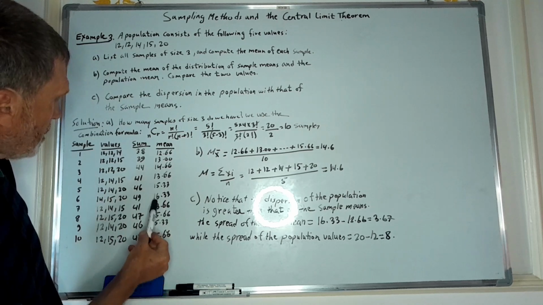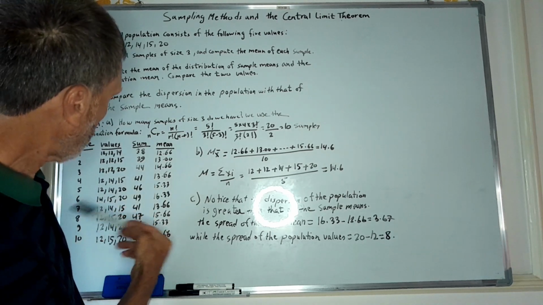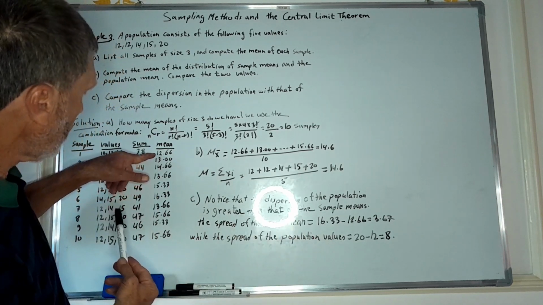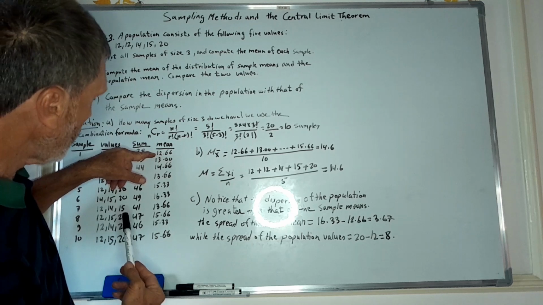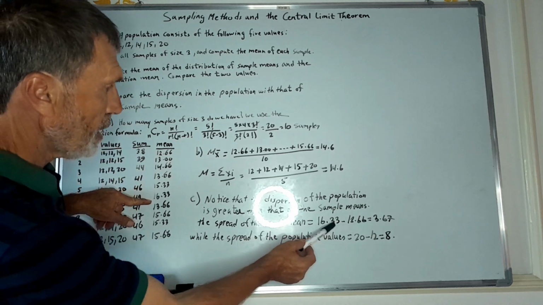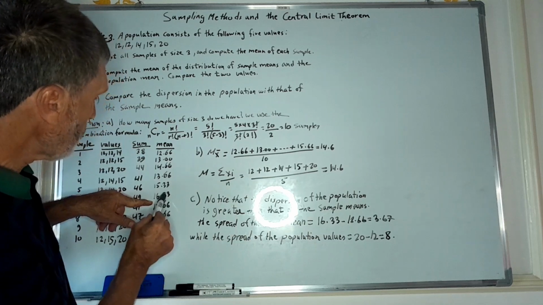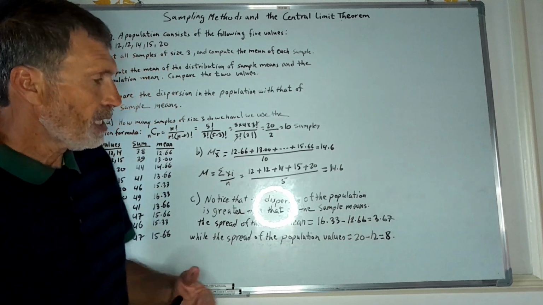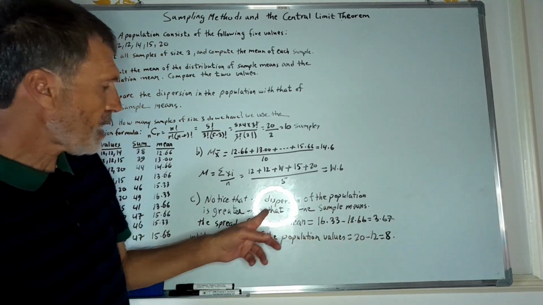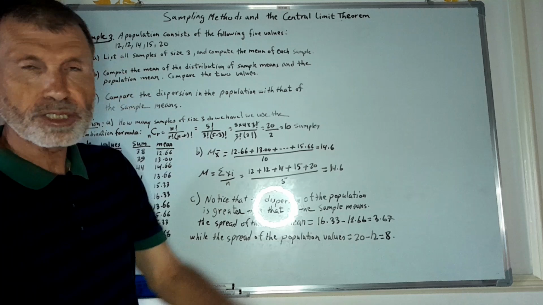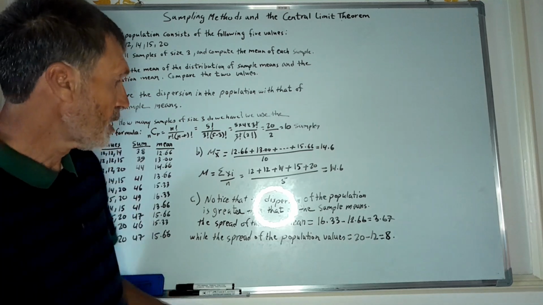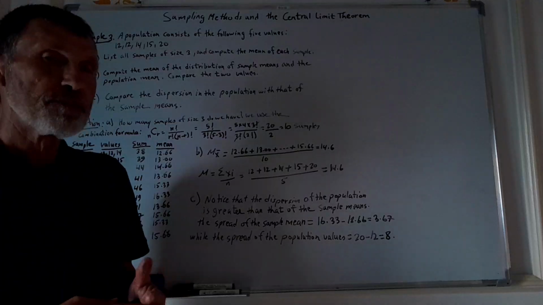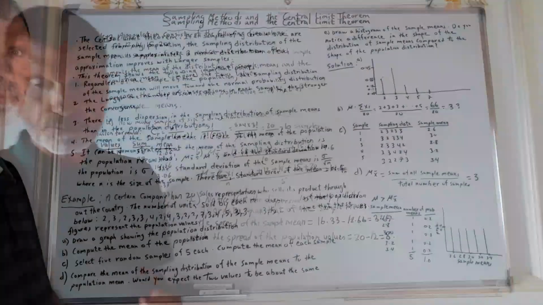The smallest is 12.66, which is subtracted from 16.33. So 16.33 minus 12.66 comes to 3.67. So as you see, the dispersion in the sample means is much lower than the dispersion in the population values. Therefore, the dispersion of the population is greater than the dispersion in the sample means.